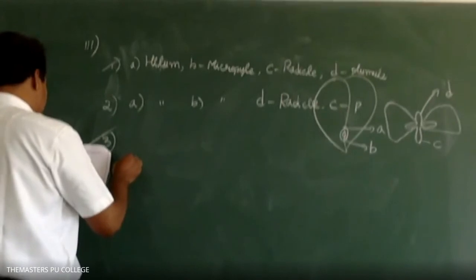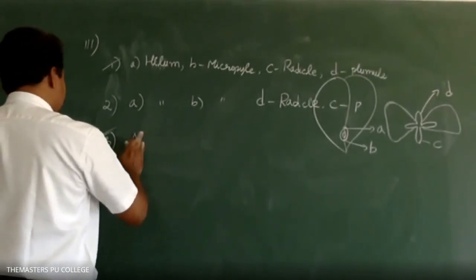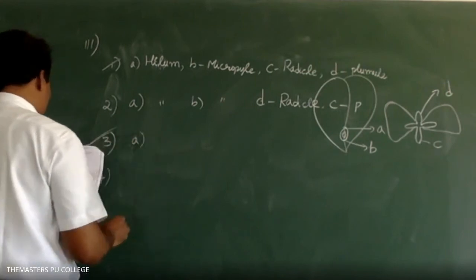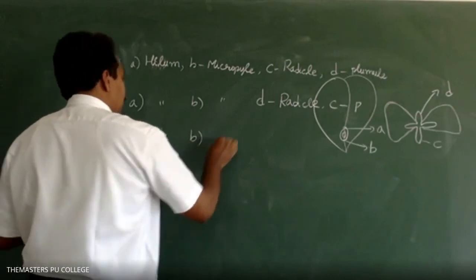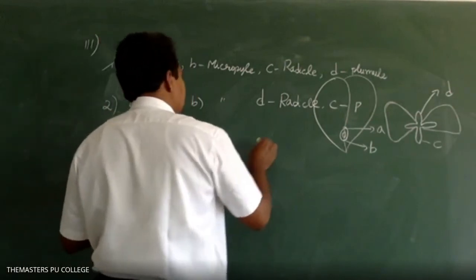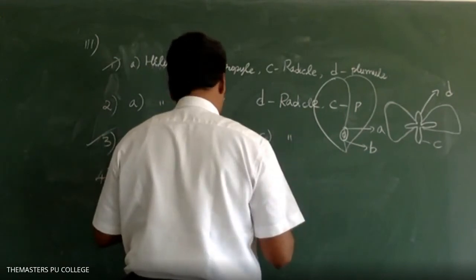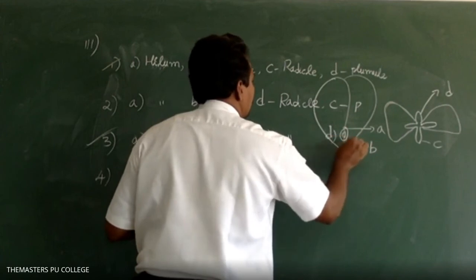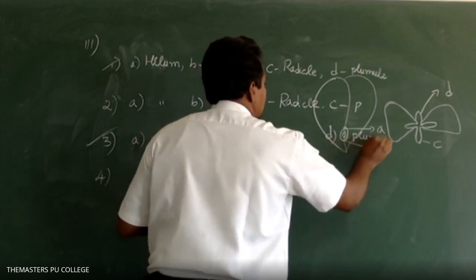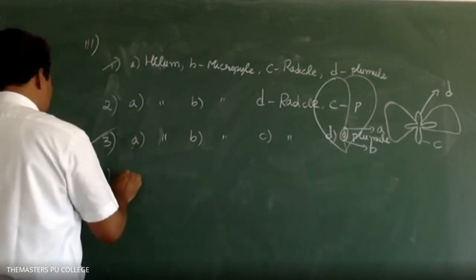The third option is A, testa, B, micropyle, C, radicle, D, plumule.